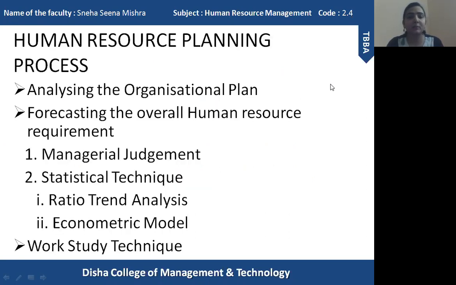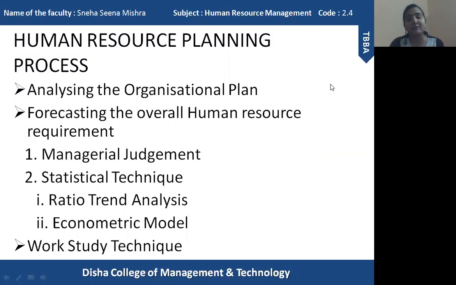Now, in the process of HRP, there are around 10 or 11 steps. And one by one, I am going to explain each and every step in a detailed way. So first of all, whenever the organization prepares to plan regarding the human resource, they have to completely understand the organizational plan, because the HR plan, or the HRP, needs to be in accordance with the organizational plan.